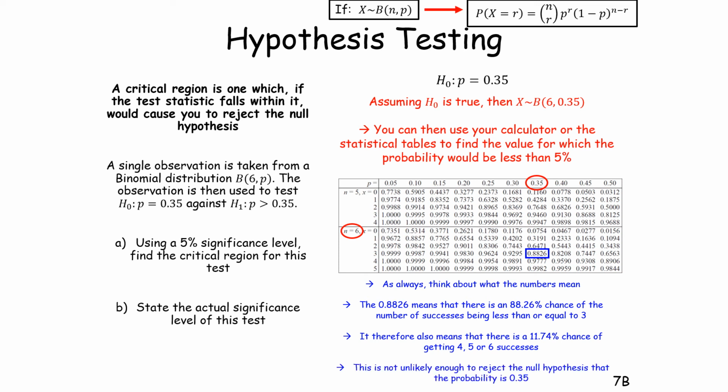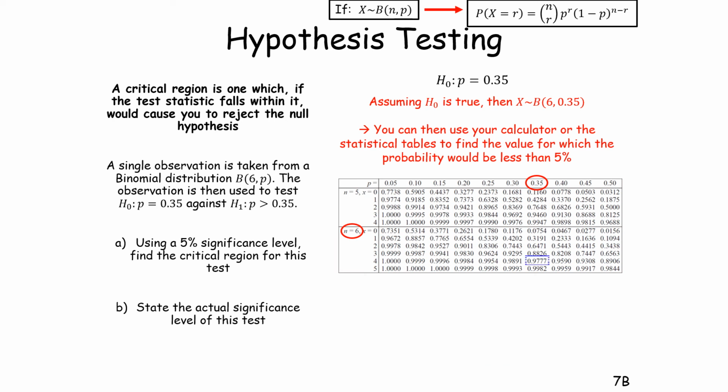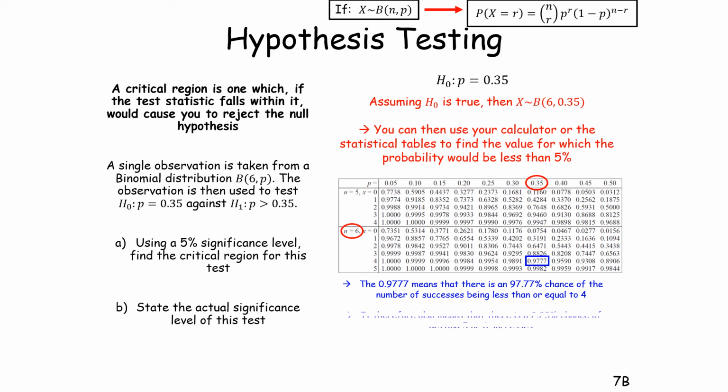So this is not unlikely enough to reject the null hypothesis that the probability is 0.35. So we look at the next value. 0.9777 means there is a 97.77% chance of the number of successes being less than or equal to 4. Therefore, there is a 2.23% chance of getting 5 or 6 successes.